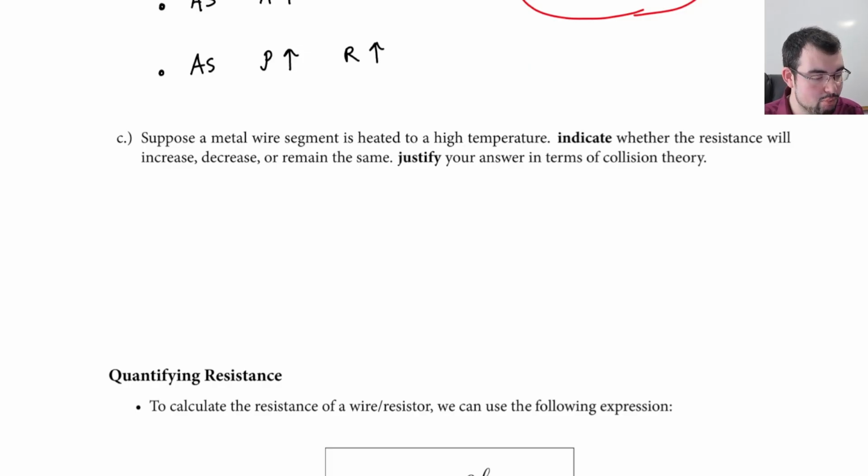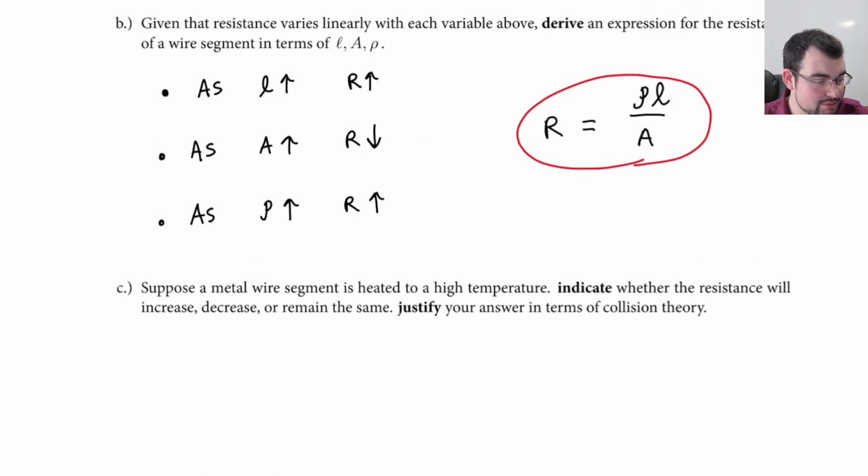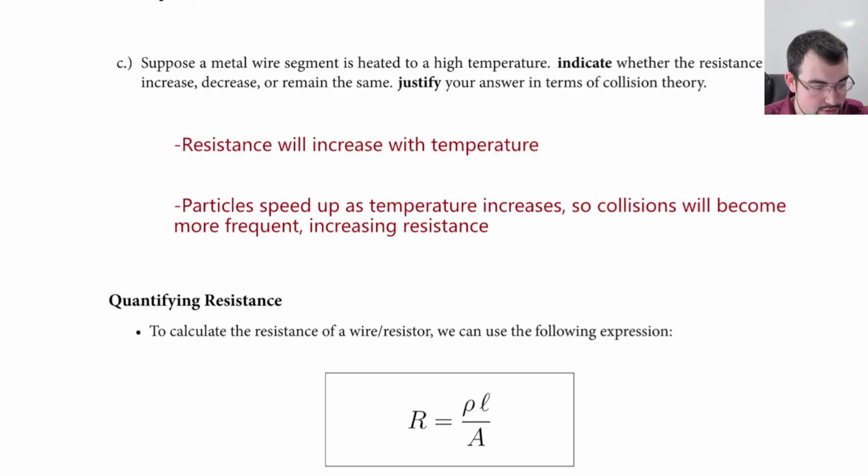So if we bump up the temperature, that's going to make these particles flying around faster, and they're just going to be hitting each other more often. Because yes, the particles are going to be moving faster, and you'd think they might be able to progress to the end a bit quicker, but we're really thinking about the frequency of collisions as resistance. So resistance will increase because particles speed up, so collisions become more frequent.